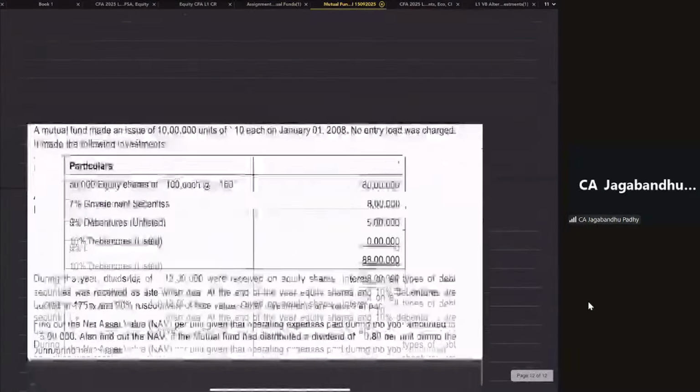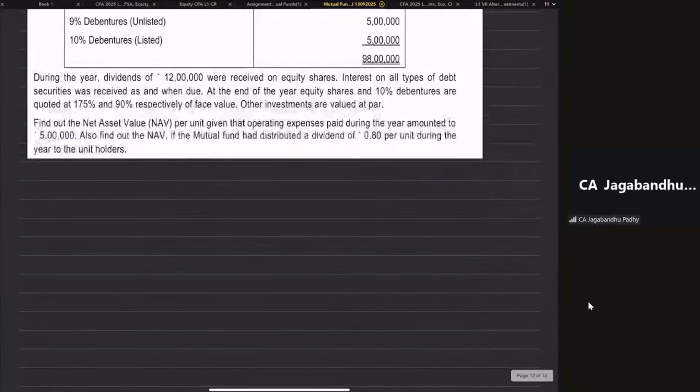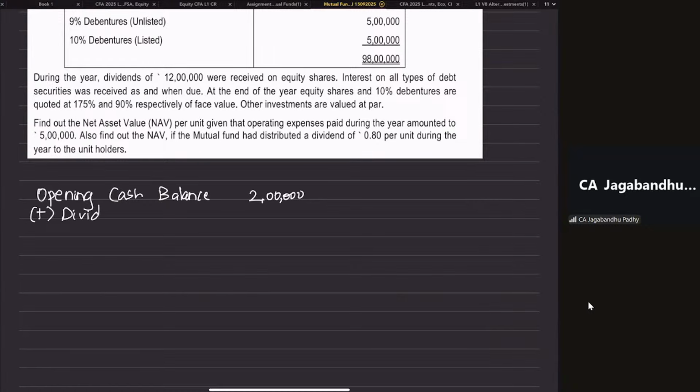Let us first talk of opening cash balance. We had an opening cash balance of 2 lakh. To that, we are going to add the dividend which we have received.